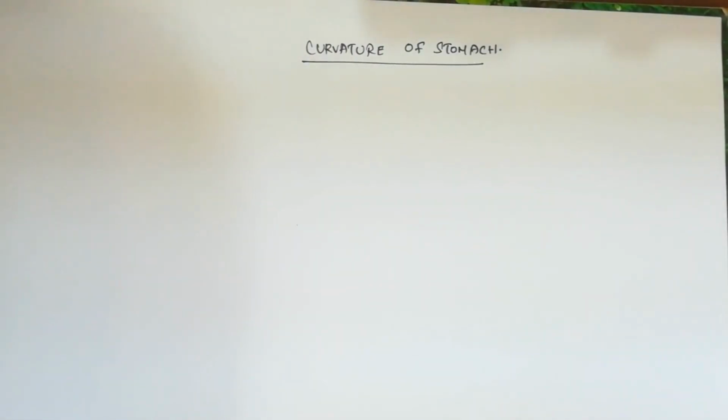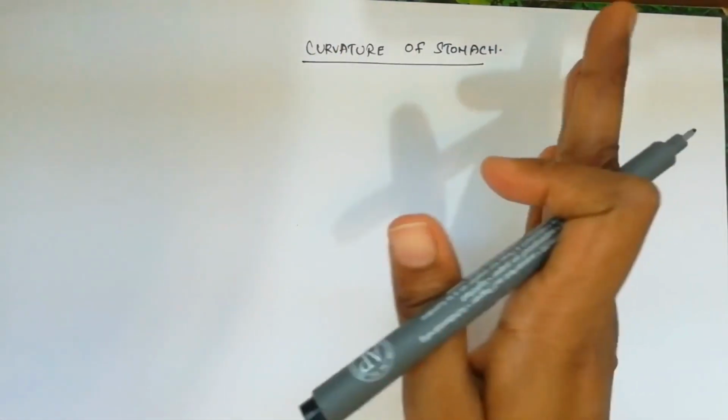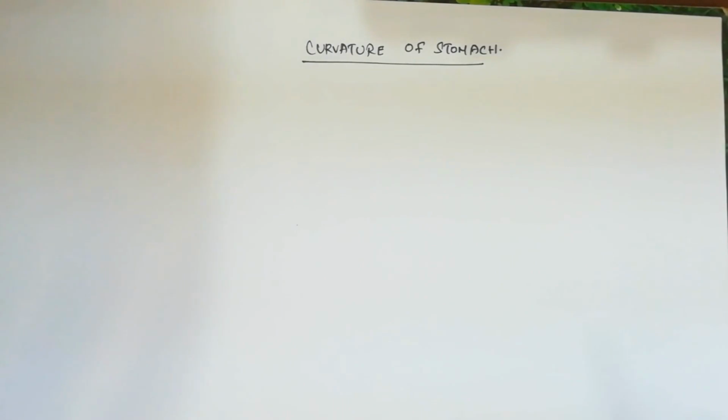First we will move on to the lesser curvature of the stomach. As I mentioned earlier, the lesser curvature is seen facing towards the right side, and the greater curvature will be seen facing towards the left side.